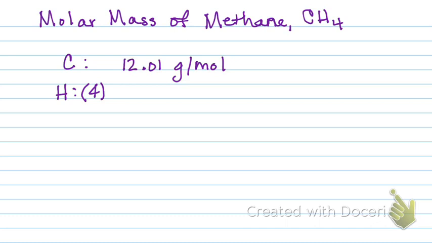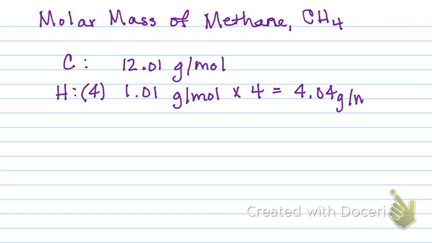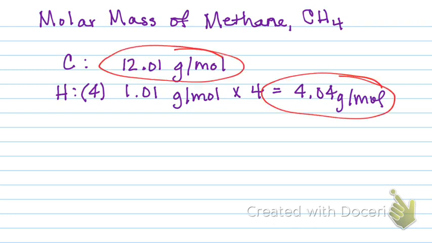And my hydrogen has a mass of 1.01 grams per mole, but I'm going to multiply that by 4, because I have 4 moles of hydrogen atoms in every 1 mole of methane. So I'm going to multiply that 1.01 by 4, and I end up with 4.04 grams per mole. Now, when I add these up, I am going to take my 12.01, and I'm going to take this one, okay?